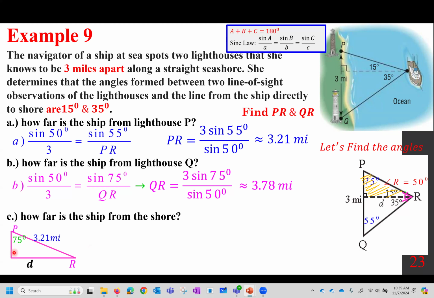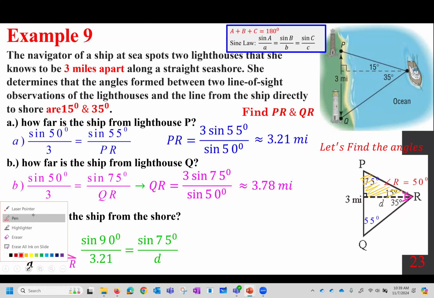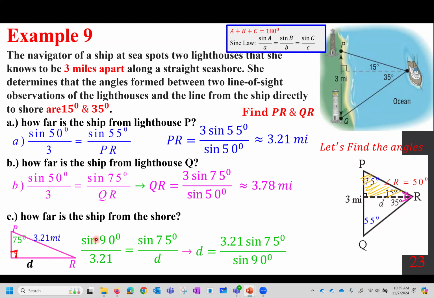So sine of 90 to 3.21 is sine of 75 to D, right? And D is the product of these two numbers, 3.21 times sine 75 over sine 90.